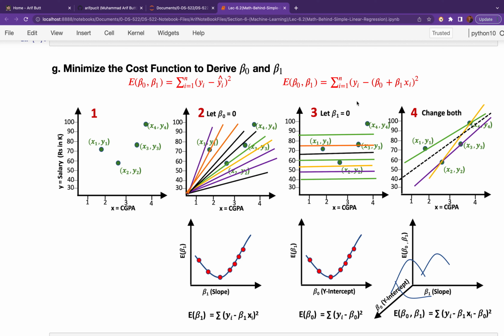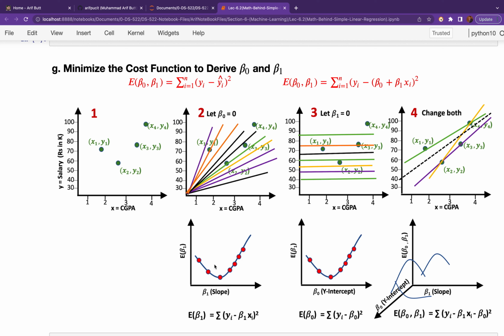And this is shown in graph 2. Over here, where my mouse is hovering, we have kept the y-intercept as 0 and have changed the slope. So these are some of the lines having different values of beta 1 or slope, and they are all passing through the origin, that is, the y-intercept is 0.